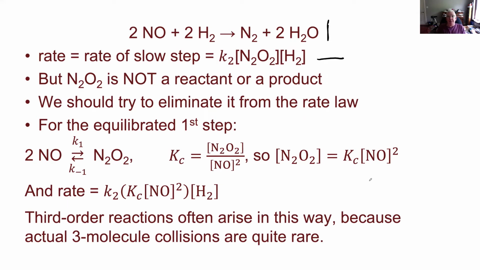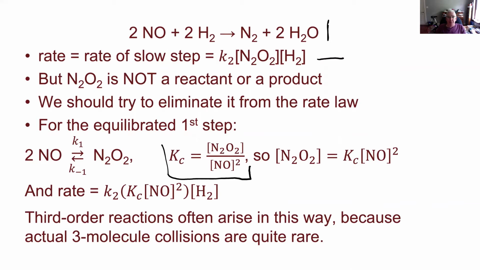So in order to make this rate law more useful, we would like to eliminate the N2O2 concentration from it, so we have something that only has reactants and or products in it, right? We can do that using the fact that our first step went into equilibrium. Since we know about equilibrium constants, I'm going to write it out this way instead of in terms of the balance of the rates, but we could say that this equilibrium constant for step number 1 should look like that, where that's the products over the reactants raised to powers, just like a normal equilibrium expression.